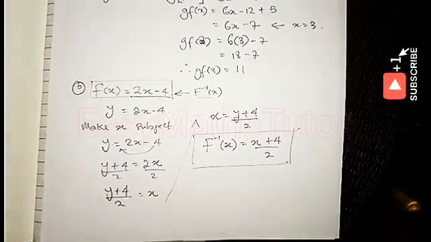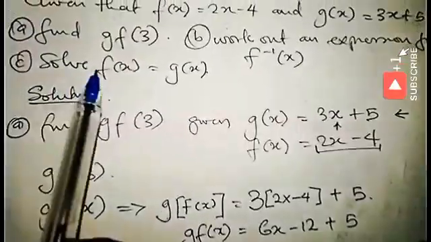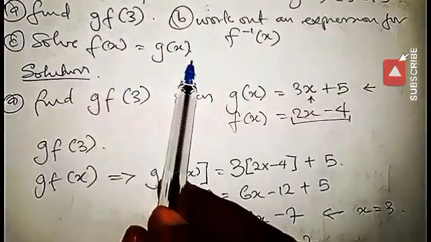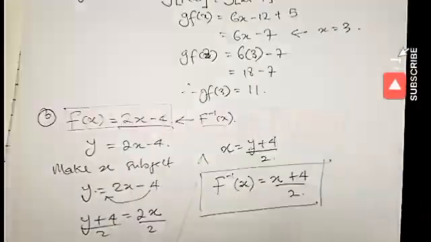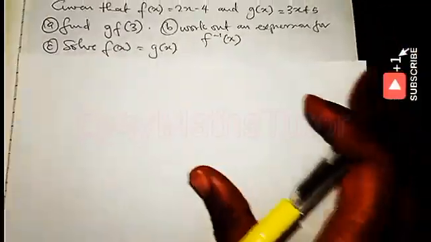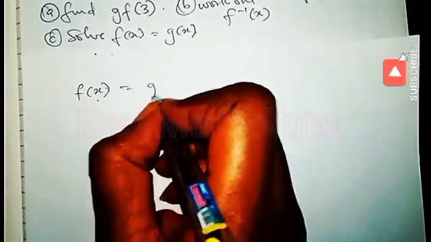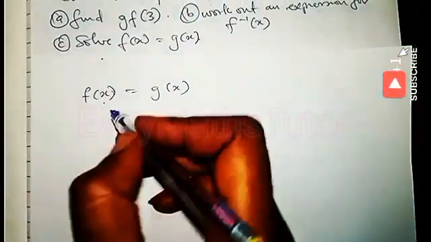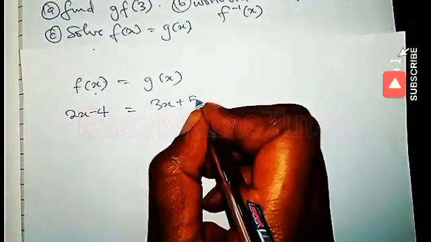And then we have the final problem, which says solve for f of x equal to g of x. Now we know f of x is 2x minus 4 and g of x is 3x plus 5.